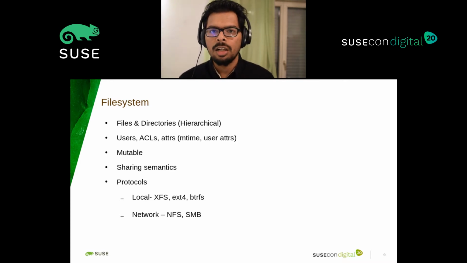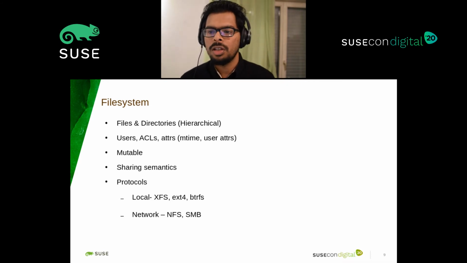The files are generally mutable, and you always have sharing semantics, so you can share to a different user or a group. The common protocols, when it comes to local file systems, are XFS, Btrfs, and then you have network file systems like NFS and Samba.